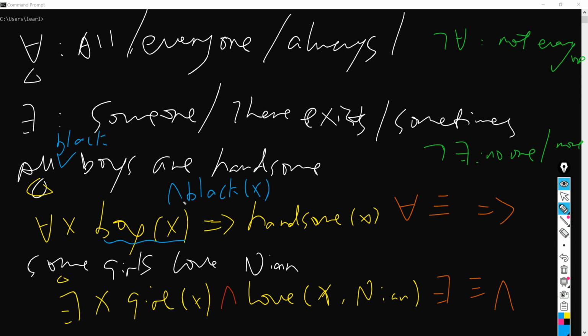Here I need to have an and sign. So how to translate it? For any parameter x, first it is a boy, and it is a black boy. So that is all black boys. So here we have to use the and sign.